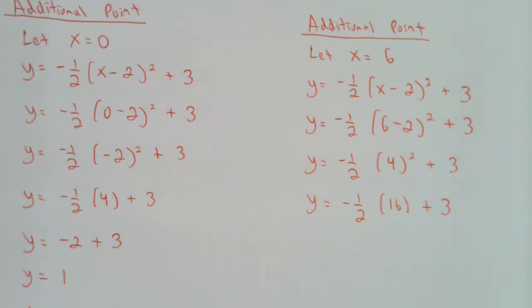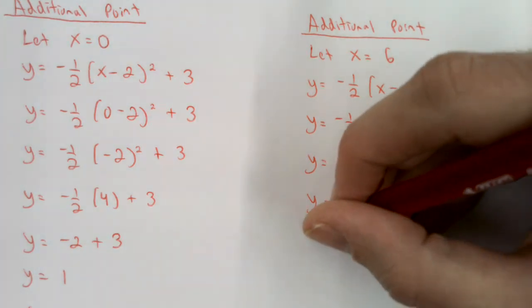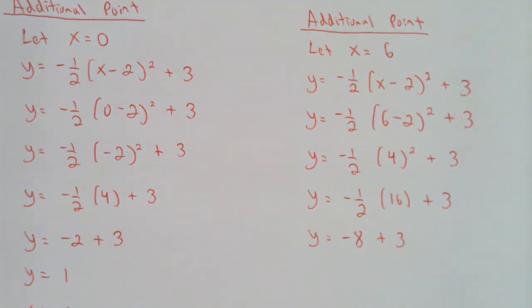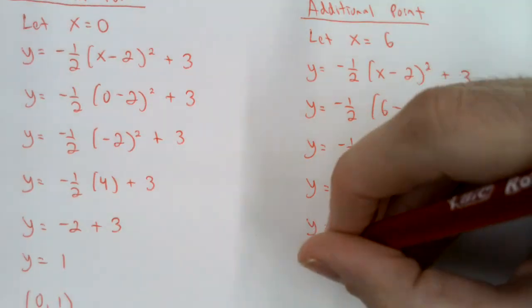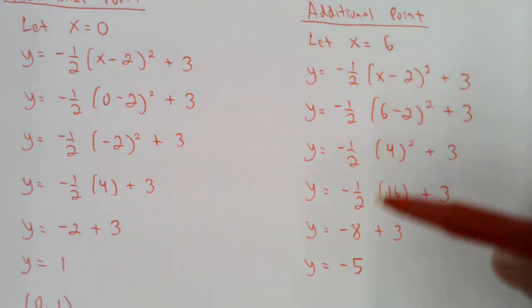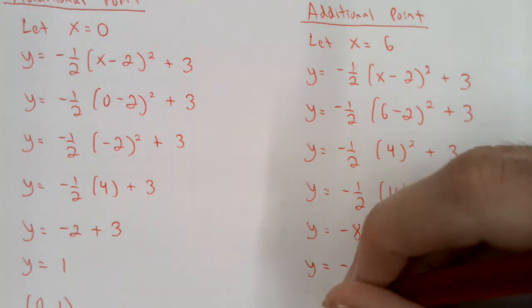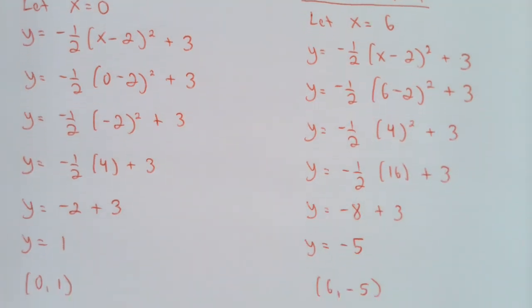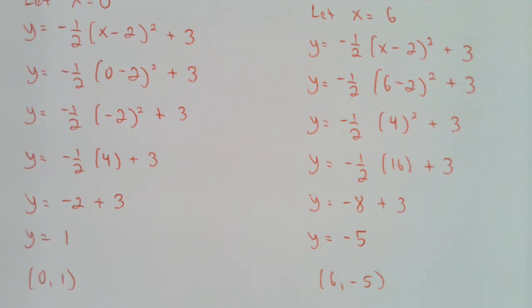That'll be negative 8 plus 3, which is negative 5. That means I have the additional point 6, negative 5. Okay, so that's my additional point right there, 6, negative 5.